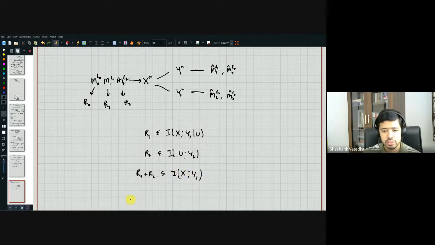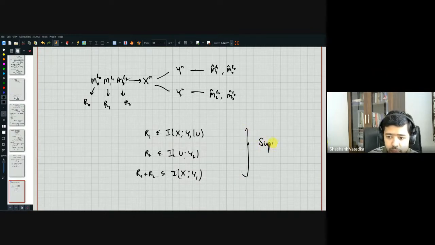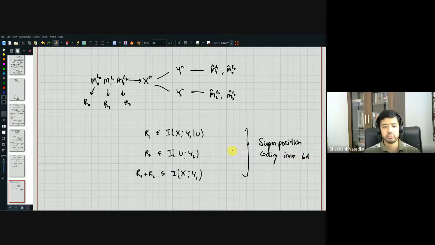So this is essentially the superposition coding inner bound. From this it's pretty easy to at least get an achievability result.